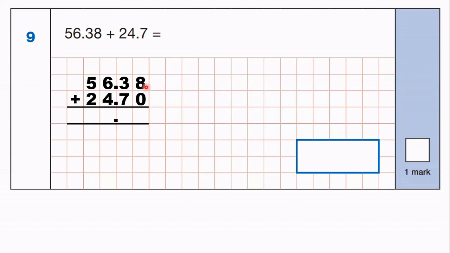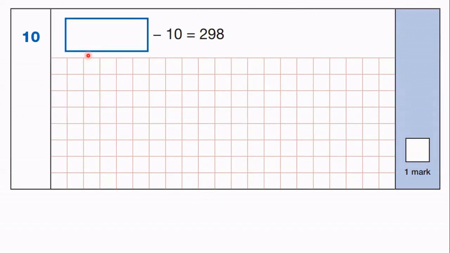Now we can just add as normal, so 8 plus 0 is 8, 3 plus 7 is 10, so 1, 0, 1 plus 6 plus 4 is 11, so 1, 1, and 1 plus 5 plus 2 is 8, so our answer is 81.08.